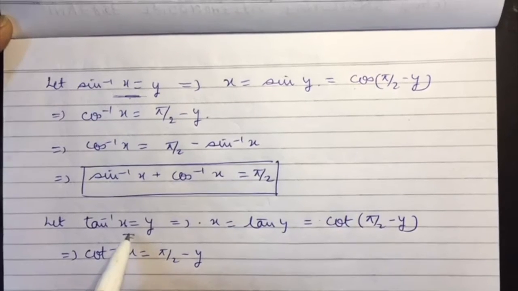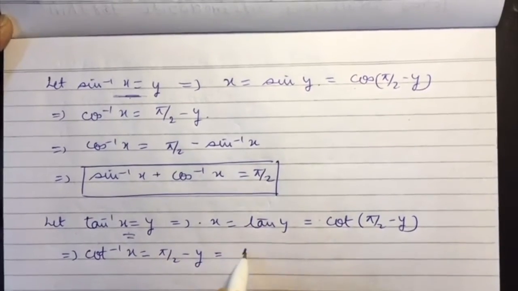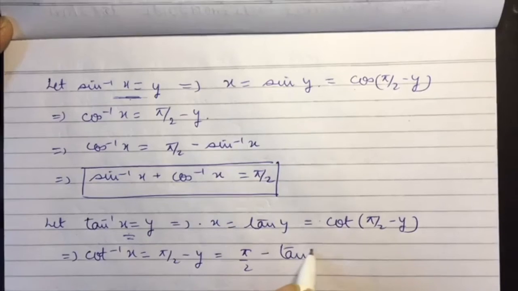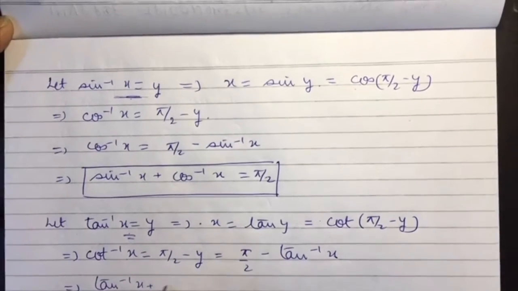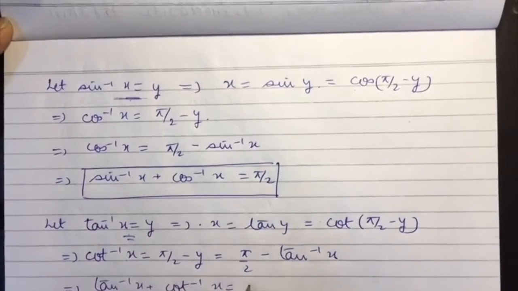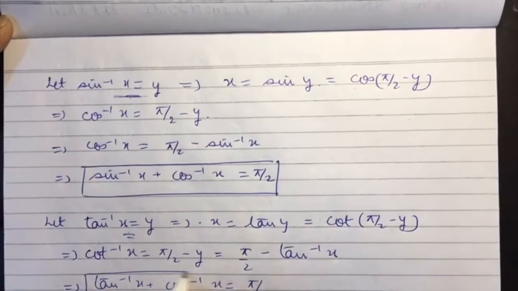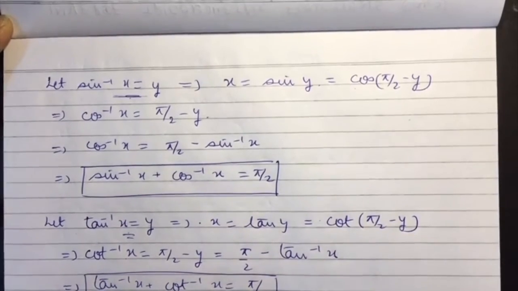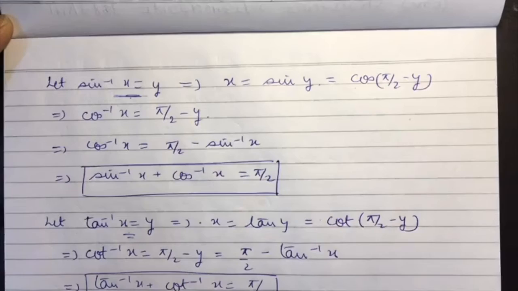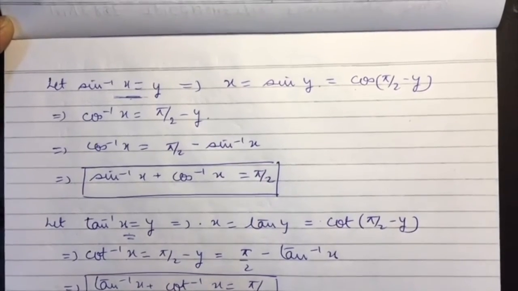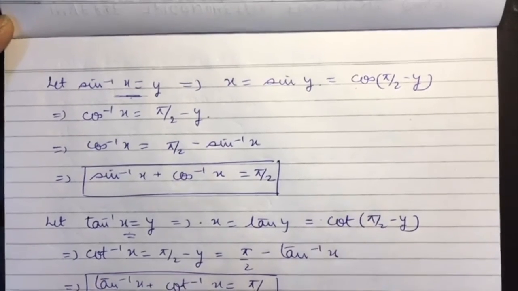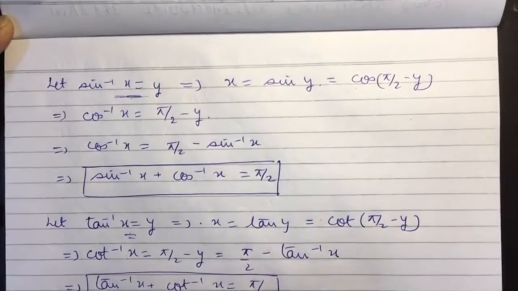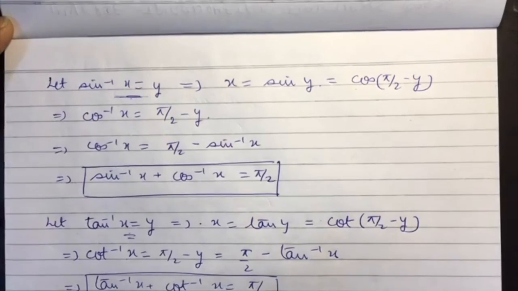Substituting the value of y from here to here, this gives us pi by 2 minus tan inverse x. So we get tan inverse x plus cot inverse x is equal to pi by 2. Likewise, we can write sec inverse x plus cosec inverse x is equal to pi by 2.